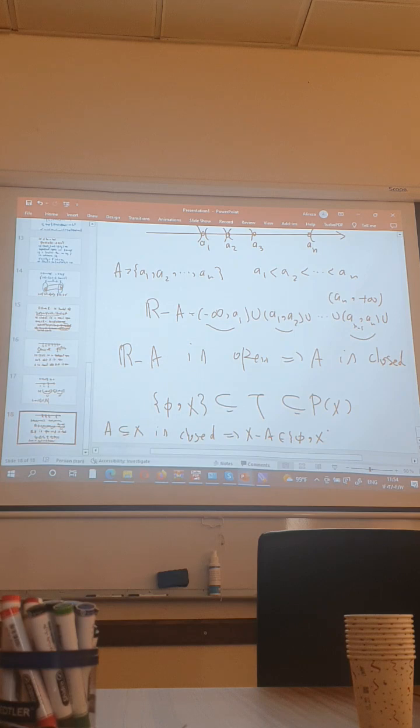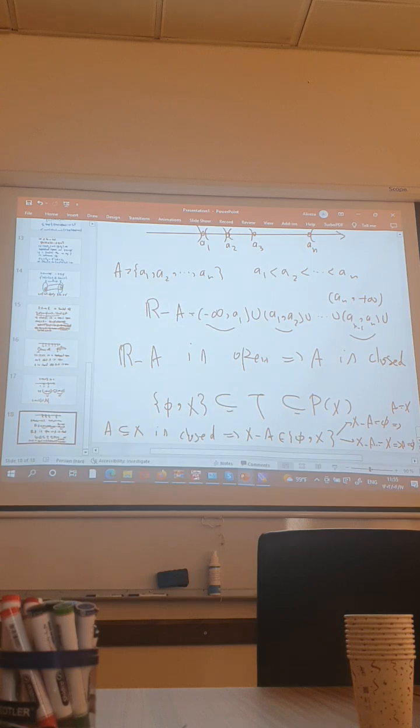One, X minus A equal to the empty set, or two, X minus A equal to the whole of X. If we have this, A must be equal to X. If we have the other, we must have A equal to the empty set.